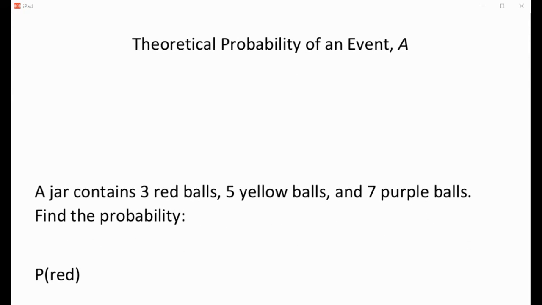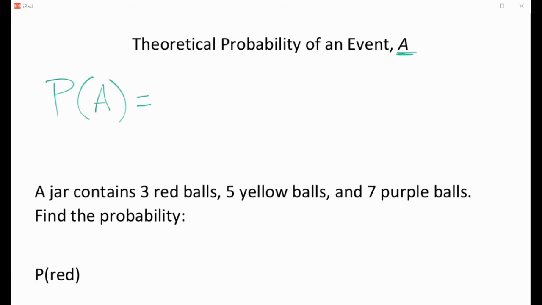The reason that's important is that we're dealing with theoretical probability. First off, whatever the event is, we'll just say it's A, the way you denote probabilities is you put a P, and then you put the event in parentheses. So that's the probability of A happening, whatever A is.